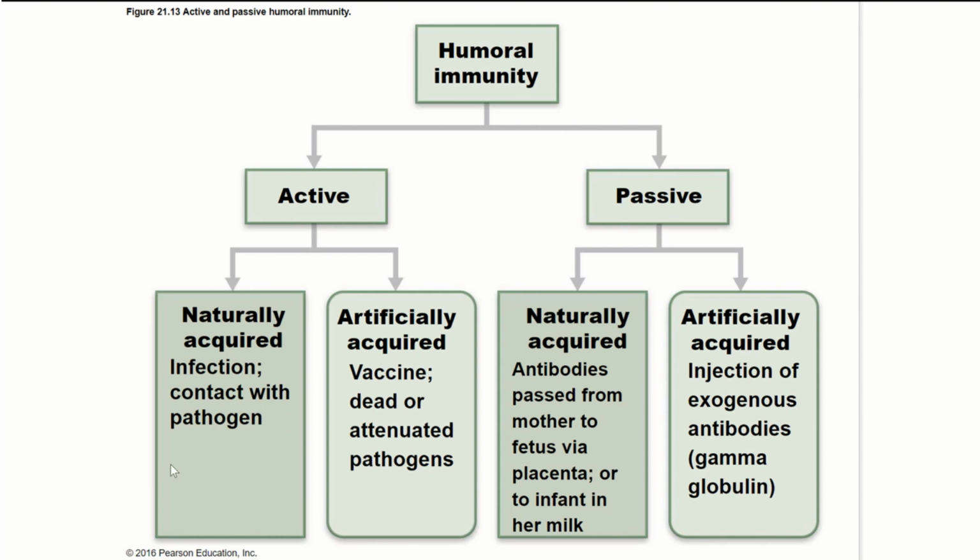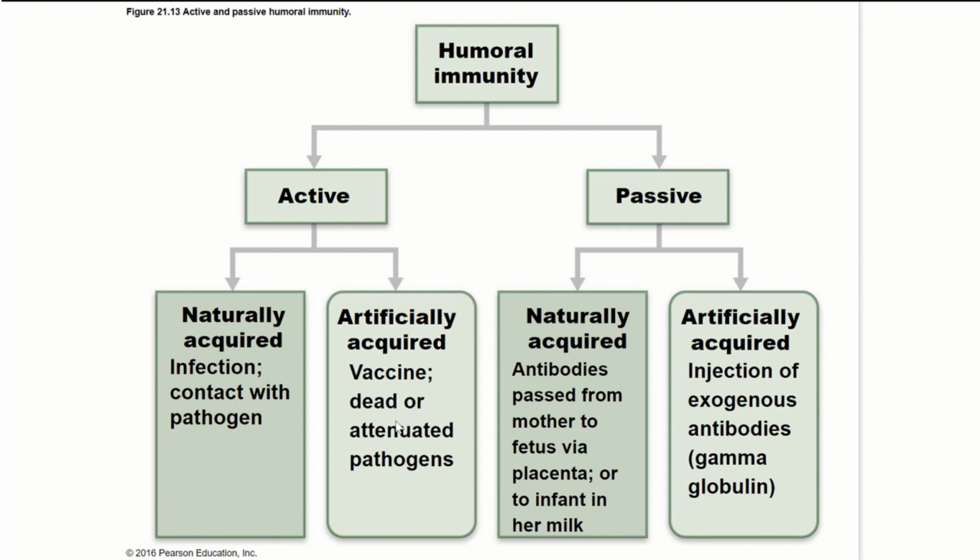Those are what we would consider naturally acquired. So that's when you have an infection, you come in contact with the pathogen, and you learn to make antibodies from that infection. We can also do this exact same procedure artificially through the use of a vaccine.